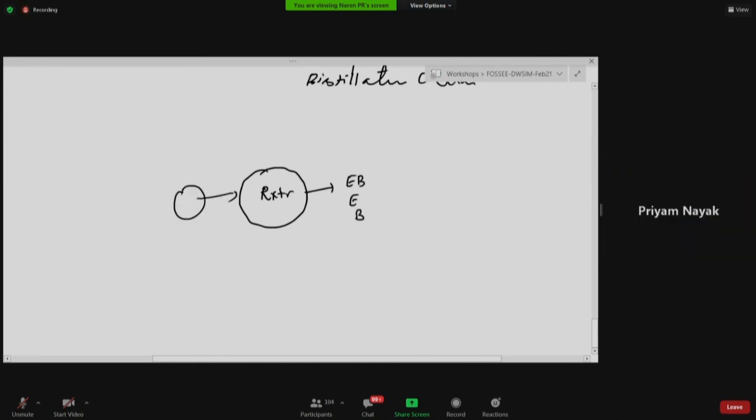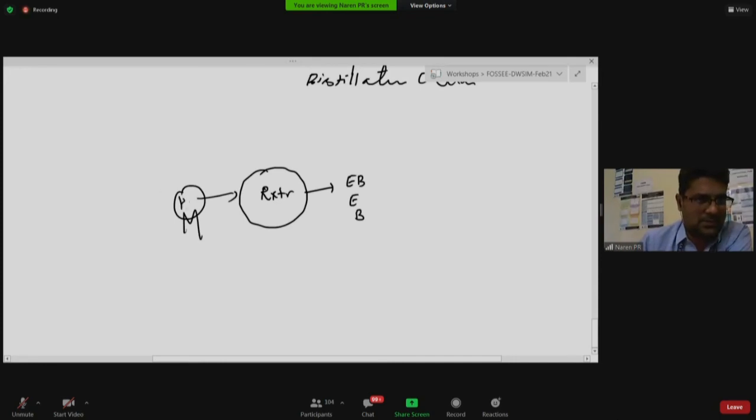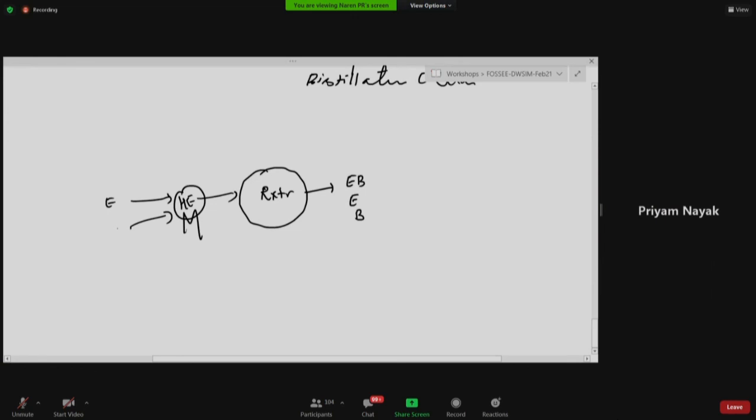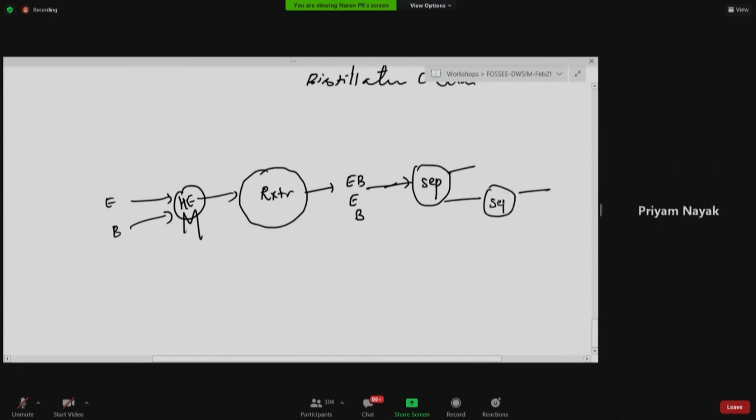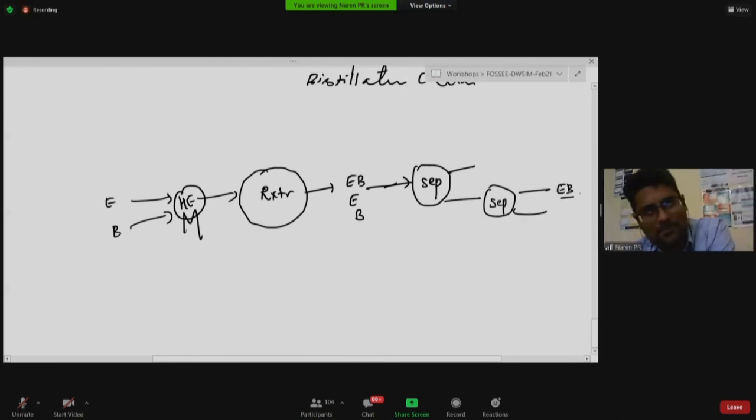Now here you will have a heat exchanger, so this is how the reactants come in. Now this needs to go into a separator and probably a series of separators, and then eventually you will get your product.